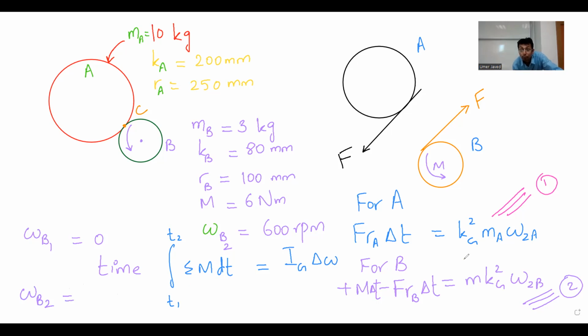In fact, here you can write, if it's not clear, M delta t minus FRB delta t is equal to M k g square delta omega. And delta omega is omega b2 minus omega 1b, which is 0. That's why here I only write omega 2b.